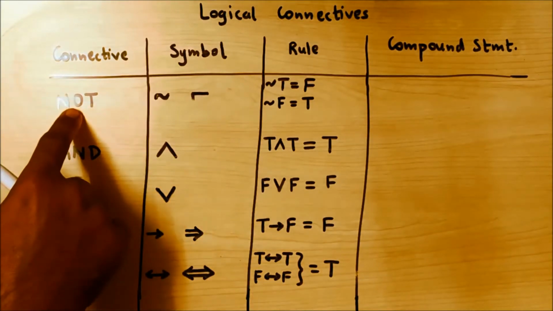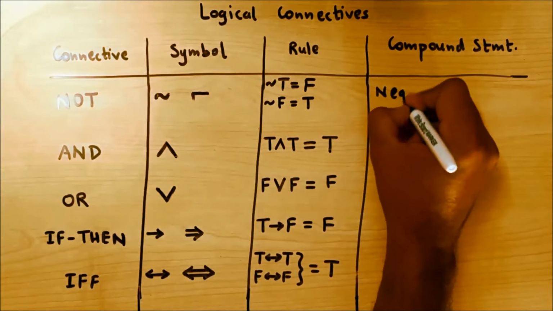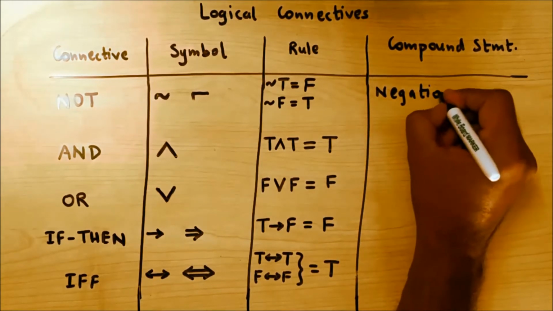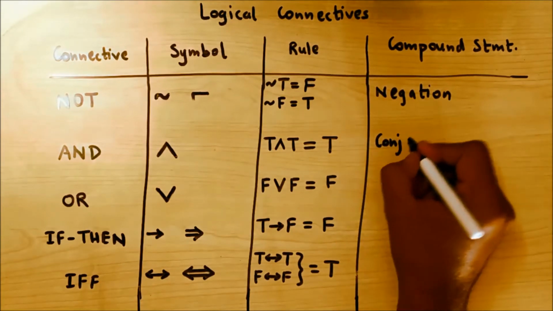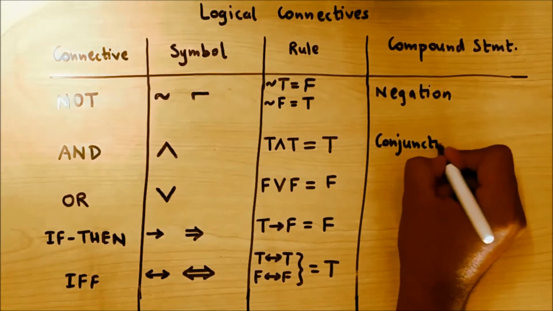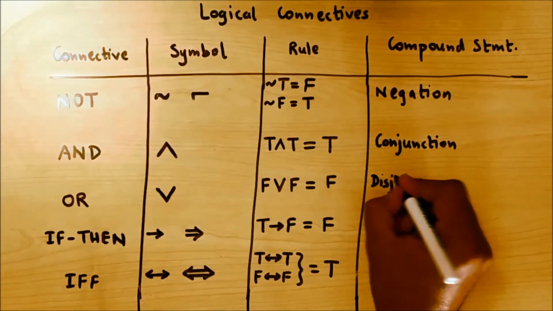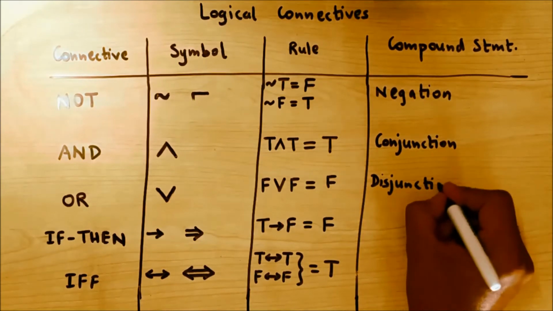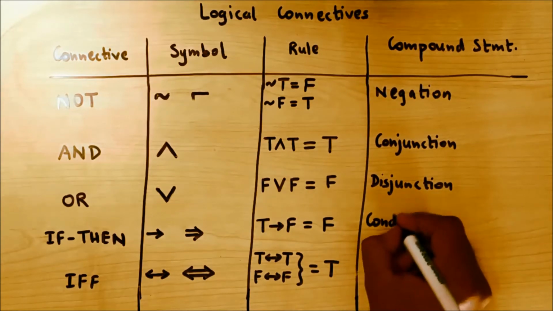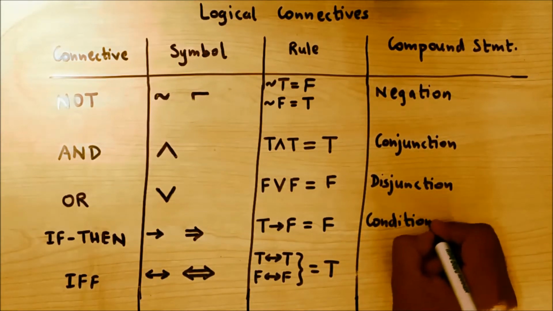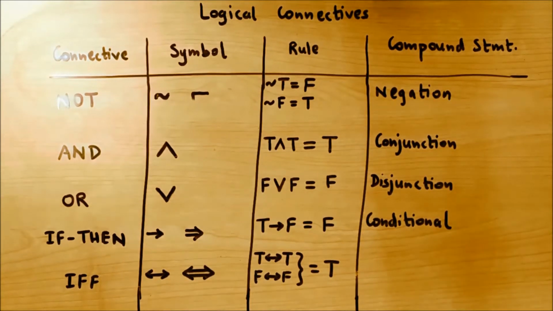Now the use of not results in a compound statement, and that compound statement we say is the negation. The statement containing and is called conjunction. For or, we call it disjunction. If then is called conditional. It is also called implication, so we just call it conditional or implication.